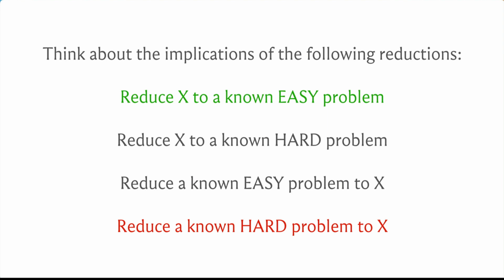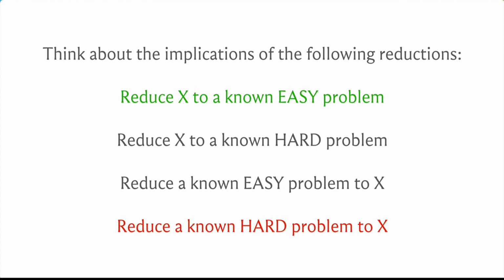Now, if you reduce a known hard problem to your problem X, then that's the implication that we just discussed. You can basically turn the same argument around on its head to say that if somebody comes up with a nice, efficient algorithm for my problem X, then they have also, as a free byproduct, managed to solve this known hard problem.